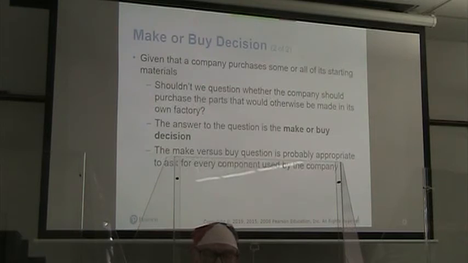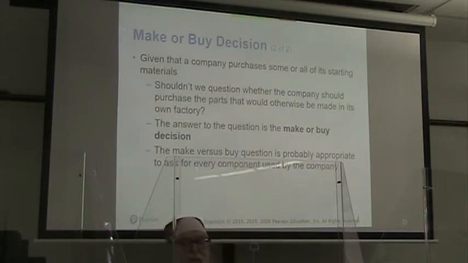So, thinking that the company purchases some or all of the raw materials we need, we need to question whether the company should purchase the parts that would otherwise be made in its own factory.